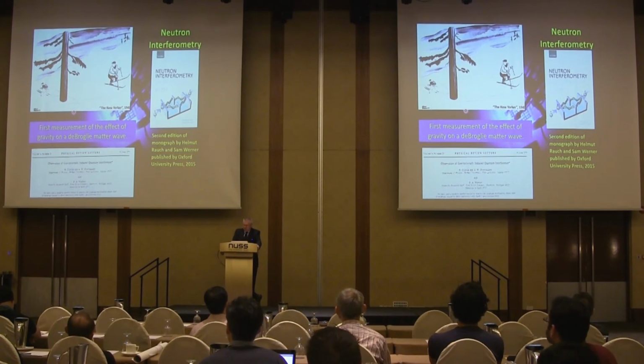It's still a major center for neutron interferometry. In fact, Anton Zeilinger, well known to all of you, got his basic training in practical quantum physics in neutron interferometry, working with Professor Rauch.